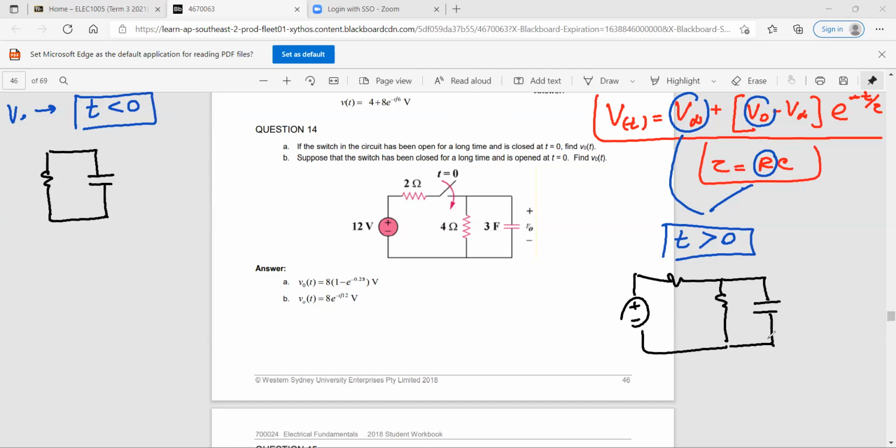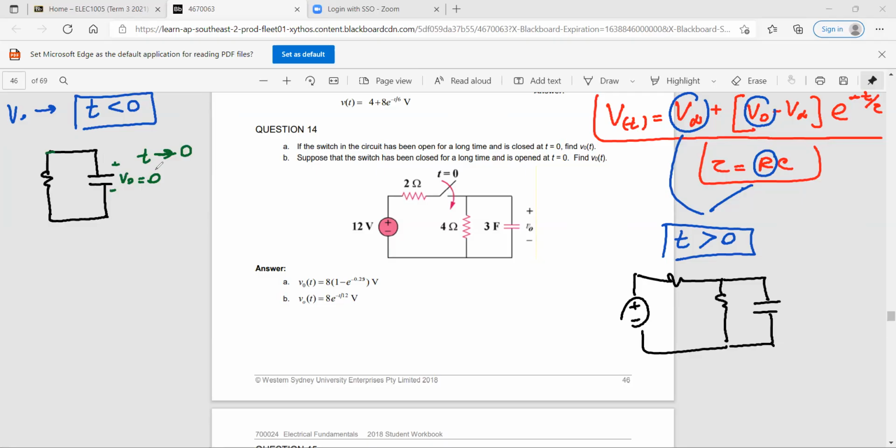Okay, now we need to find V naught. It was open for a long time, so when the time is 0, the voltage across this one, V naught, is 0. Do you agree? Yeah, because there's no voltage.